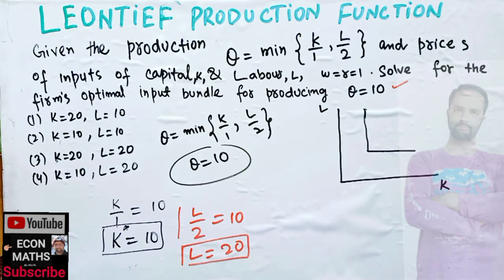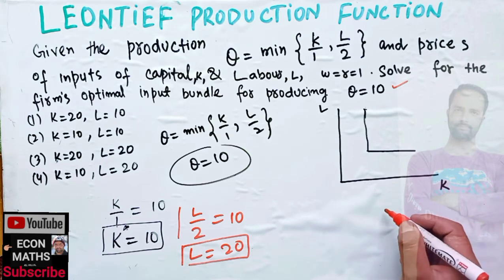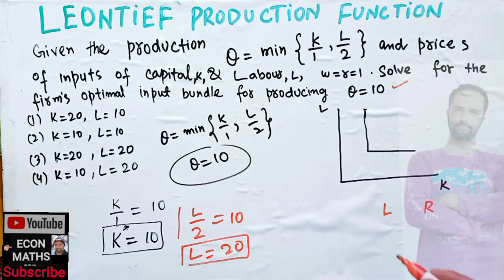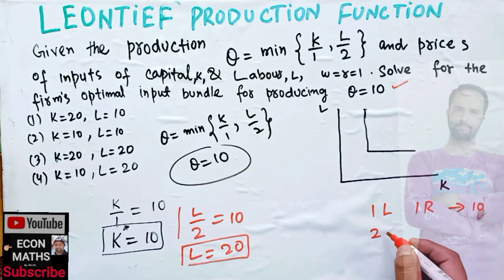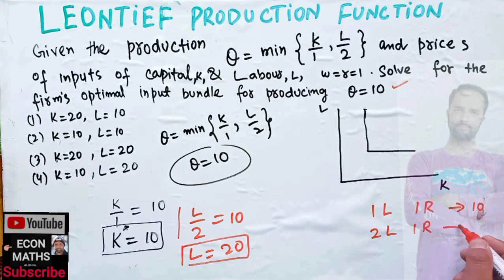So basically the idea is simple. As in the case of perfect complements, let us say we have left shoes and right shoes. If we have one left shoe and one right shoe, this will give us some level of utility. Let's say it gives us a utility level of 10. If we have two left shoes and only one right shoe, this will also give us the same level of utility.